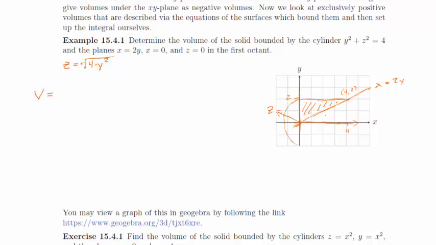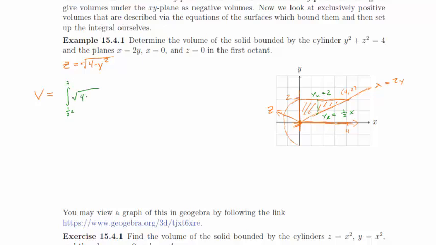Let's see. What do we want to do first? Since this is a triangular region, it's not going to matter whether I integrate in the x direction or y direction first. I generally like doing the y direction first if I can. So I have 1/2 x as a lower boundary and 2 as an upper boundary.